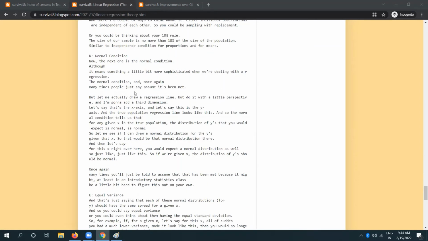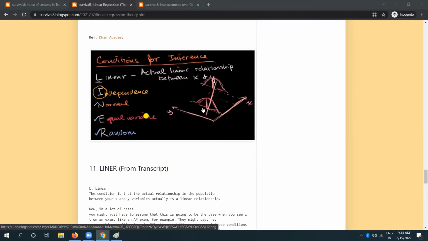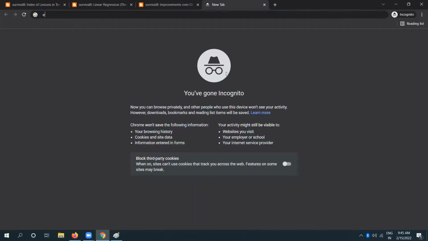Then is the normal condition. The normal condition is about the distribution of data points around your line.